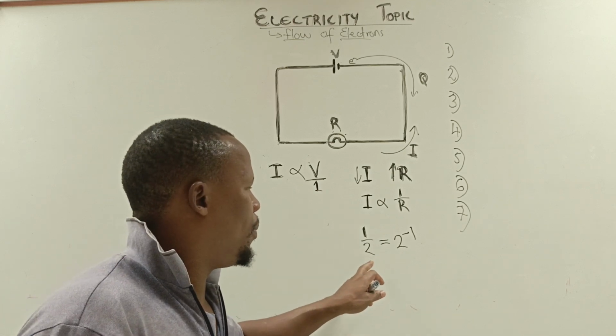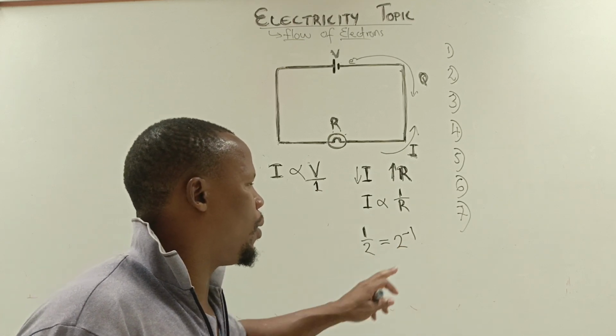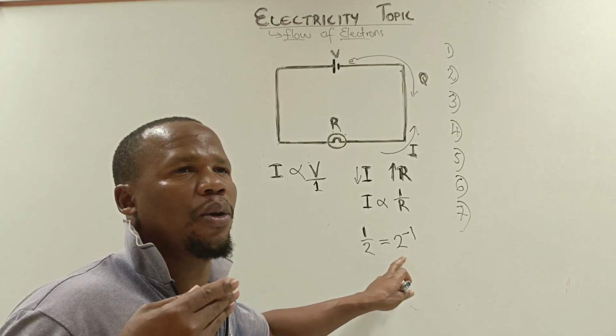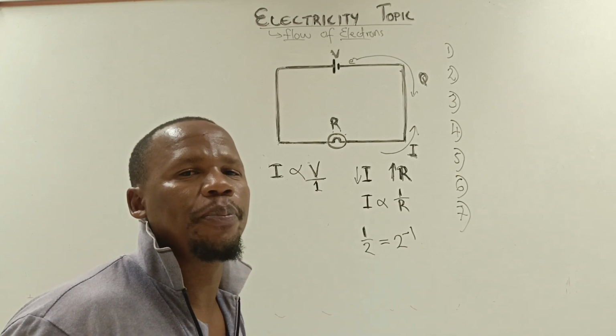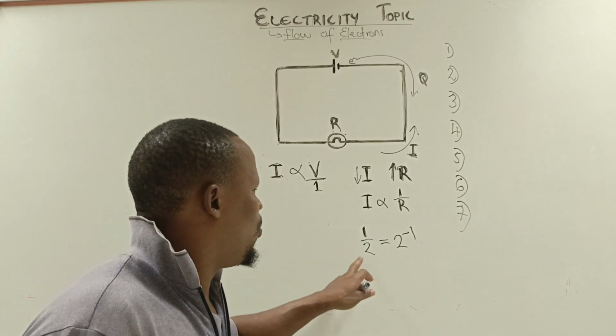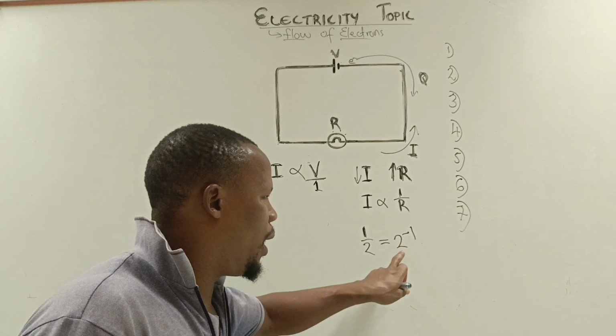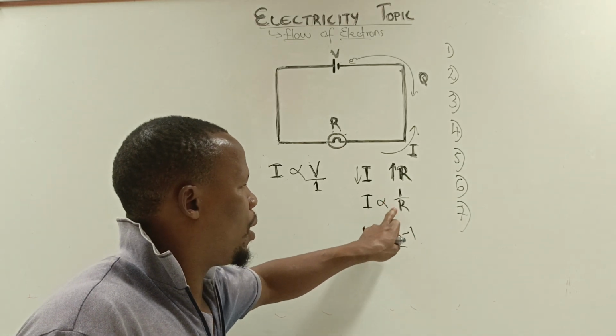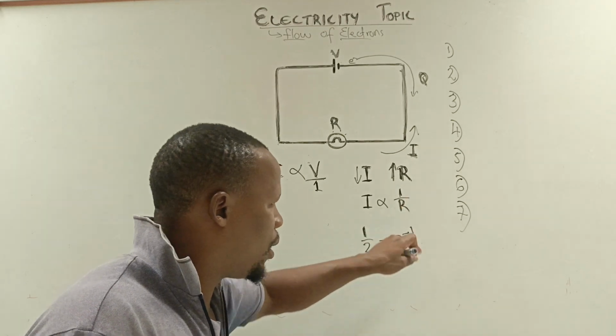Instead of saying 2 to the power negative 1, we say inverse of 2. So half is equal to the inverse of 2. Therefore 1 over R is the inverse of resistance.